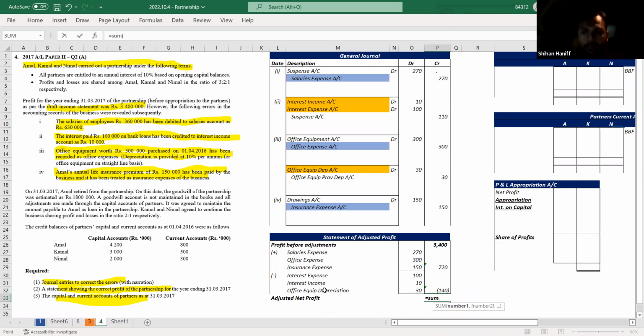Adjusted profit is 3980. Adjusted profit is 3980.